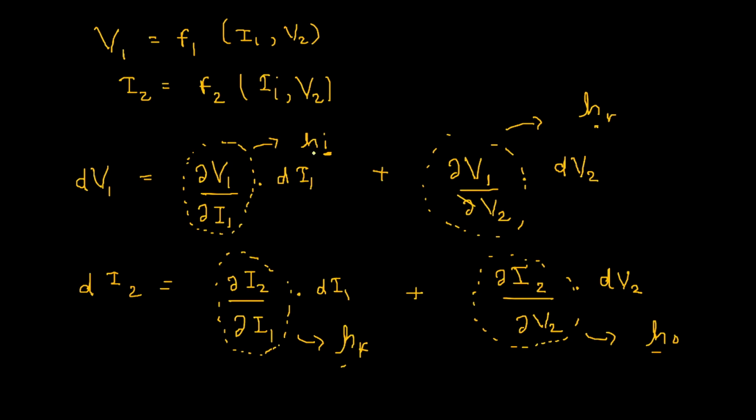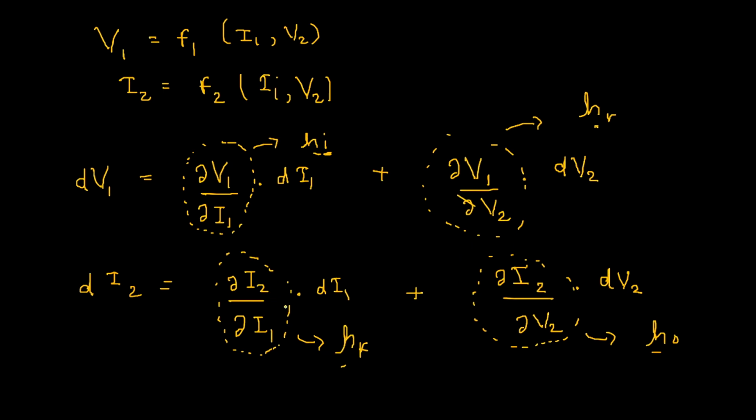Here, hi means impedance because it's voltage divided by current, which is impedance. HR is the reverse voltage gain because it's the input voltage divided by output voltage.